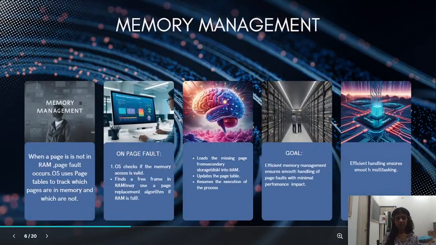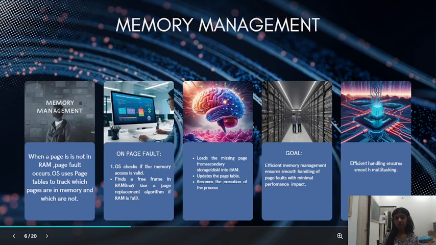Memory management. So now, how the memory is managed. What happens when there's no more space left in the physical memory? So it is divided into a number of steps. When a page is not in RAM, page fault occurs. The OS uses page tables to track which pages are in memory and which are not.